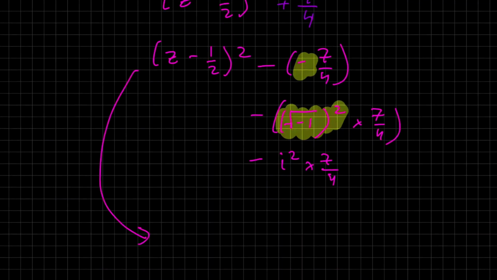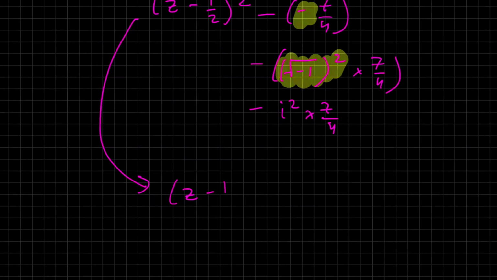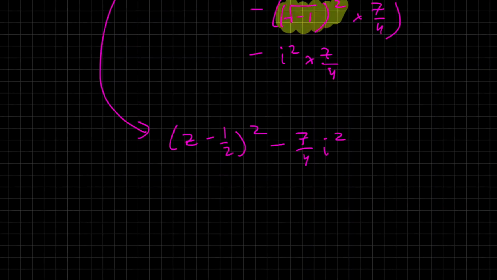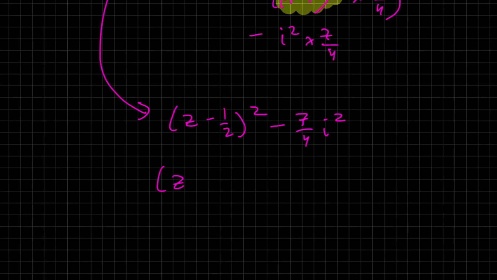And so we can rewrite this entire equation as z minus a half squared minus 7 over 4 i squared. Again, we want to make this square very obvious and very easy to figure out. So let's rewrite that as z minus a half squared minus square root of 7 over 2 times i, all squared.